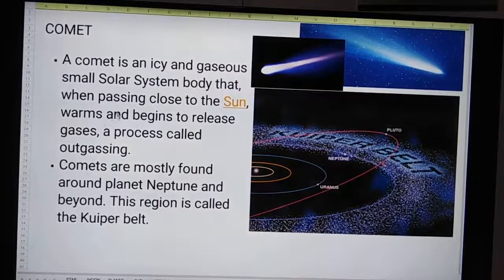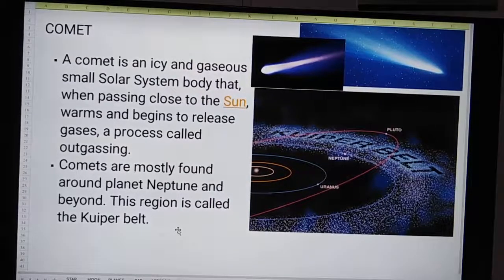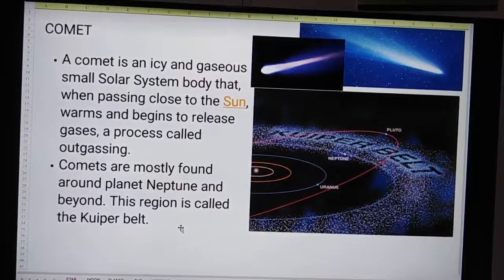Okay, so a comet is an icy and gaseous small solar system body that, when passing close to the sun, warms and begins to release gases, a process called outgassing. So when it passes close to the sun and releases its gases, we call it outgassing, because it's getting heated. So the gas has to come out of it.